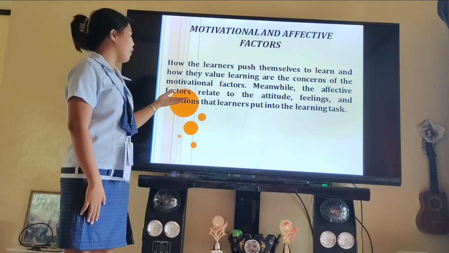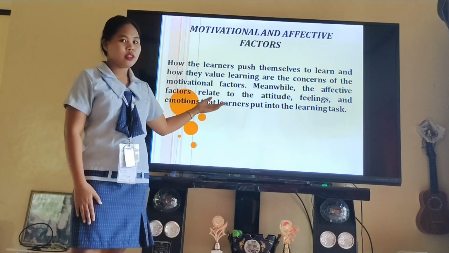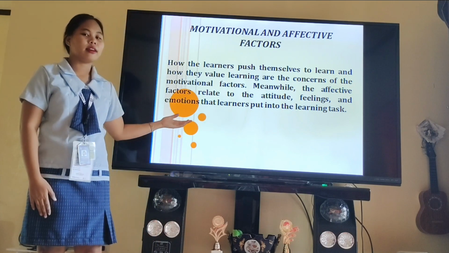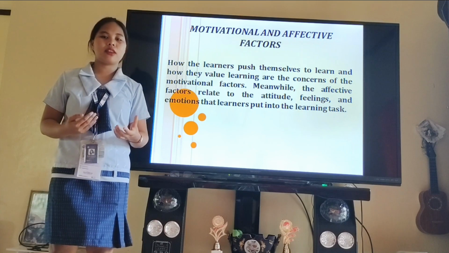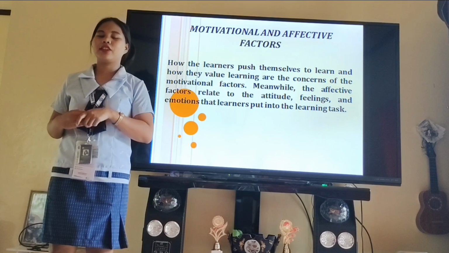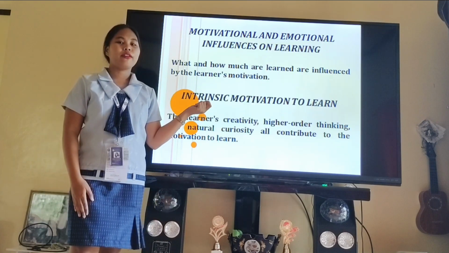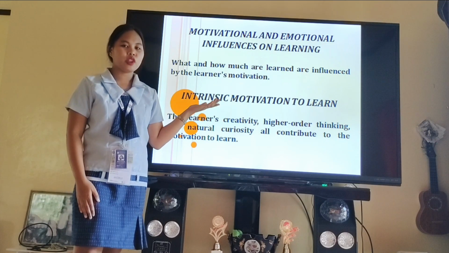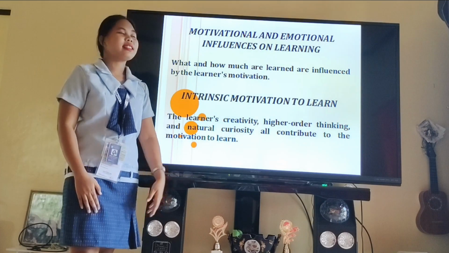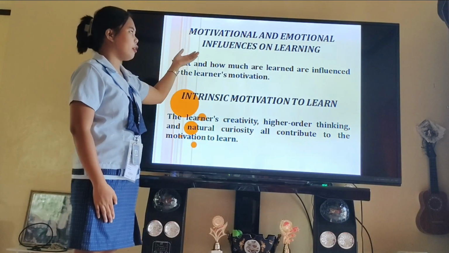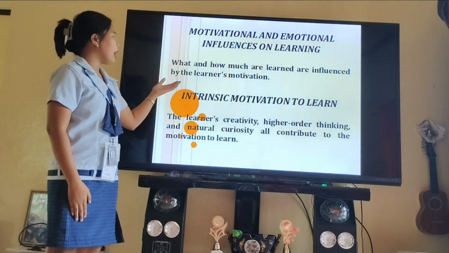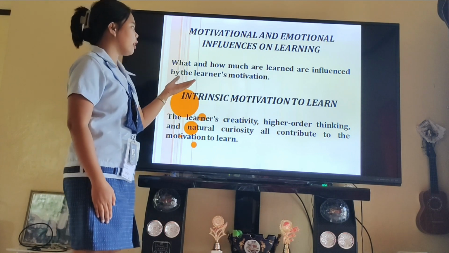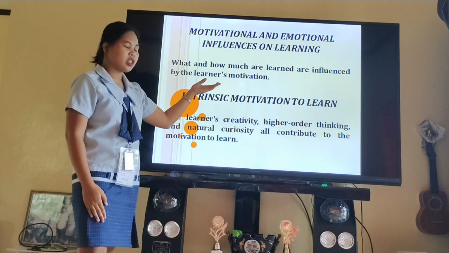So the affective factors relate to the attitude, feelings, and emotions of a person to be motivated to continue learning. The first thing of the motivational and affective factors is the motivational and emotional influences on learning. It is all about what and how much is learned being influenced by the learner's motivation.